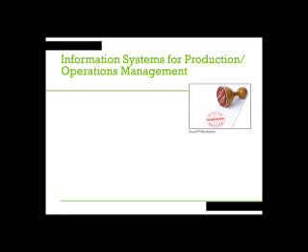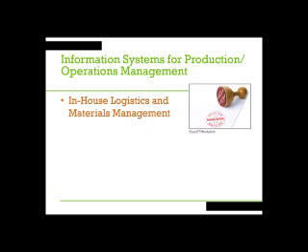Now, operations management, this is the people that actually make a product that gets sold. This is where quote unquote real work is done in the organization. There's a lot of logistics and materials management, especially if you're a large manufacturing operation.